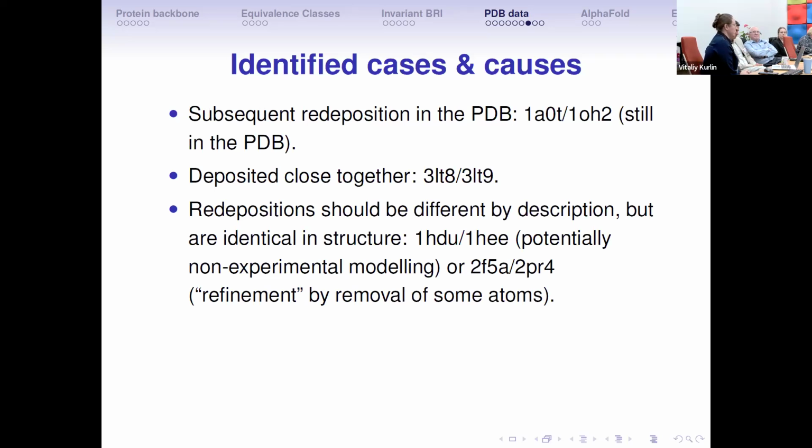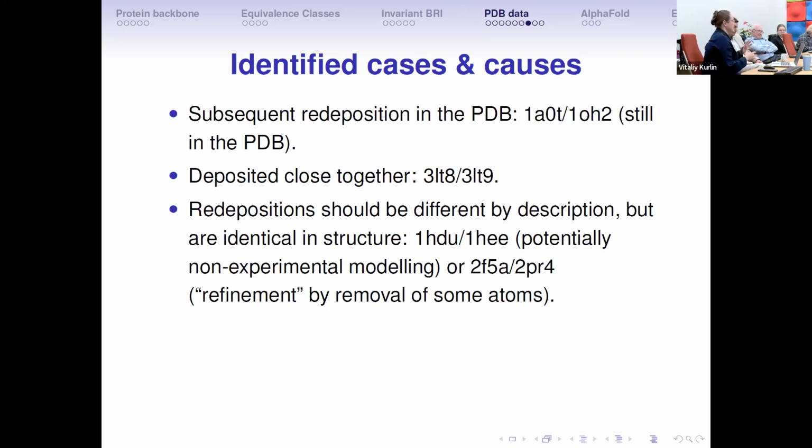Also, there were cases when the redeposition should be different by description, for example a mutation of a single residue or larger changes, but the structures still coincide in fact, which sometimes indicates potential non-experimental modeling, which shouldn't really be the case in an experimental database.